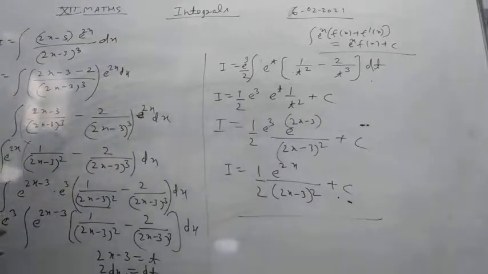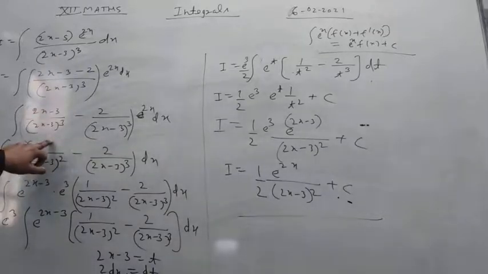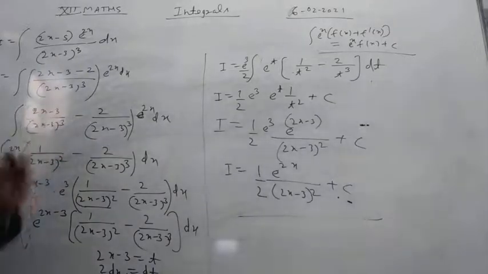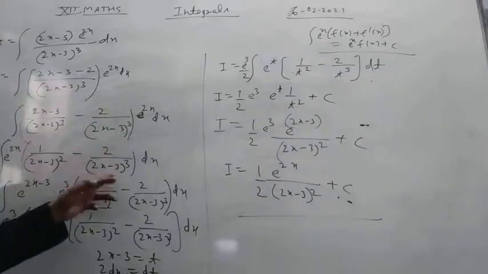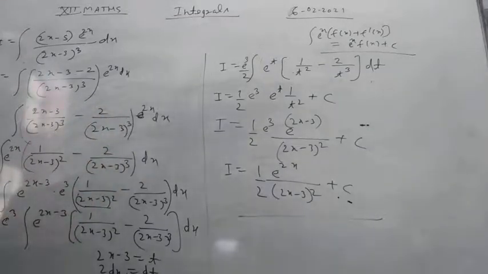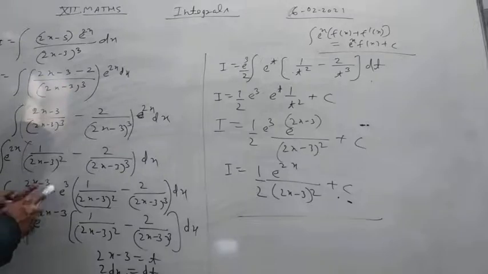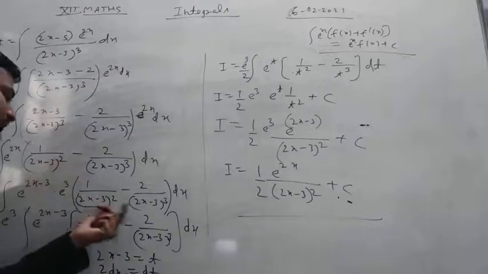Now we see this part is cancelled, and this part is minus 2 by (2x minus 3) whole cube dx, and this is e to the power 2x. And here we are multiplying with e to the power minus 3 and into e to the power 3.